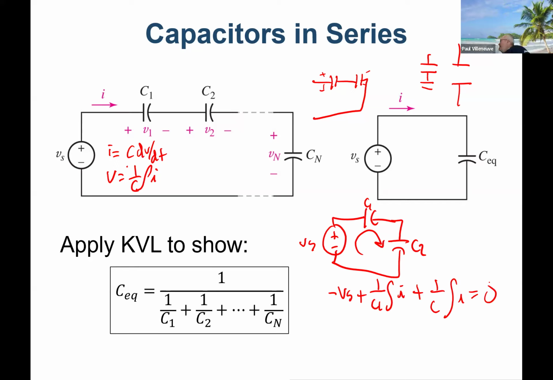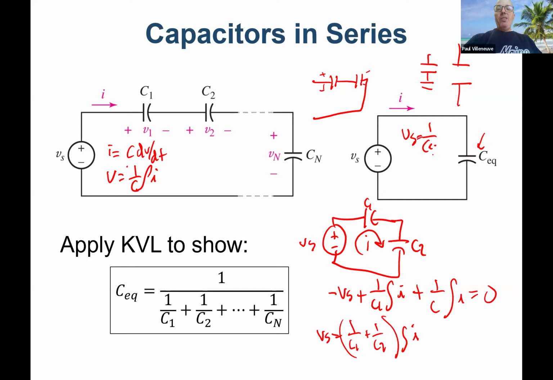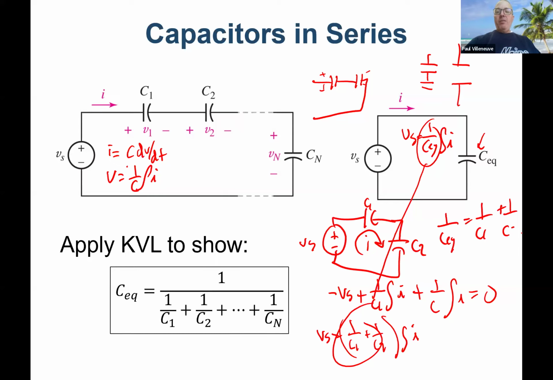I can use that to simplify my life because the current I through here is the same current through C1 and C2. So I can factor out the integral of I: (1 over C1 plus 1 over C2) times the integral of I is equal to Vs. And the definition of an equivalent capacitor here is Vs equals 1 over C equivalent times the integral of I. Equating these two terms means 1 over C equivalent is equal to 1 over C1 plus 1 over C2.